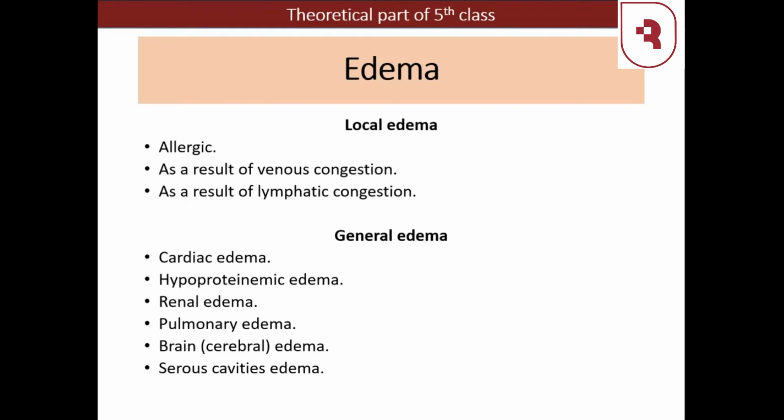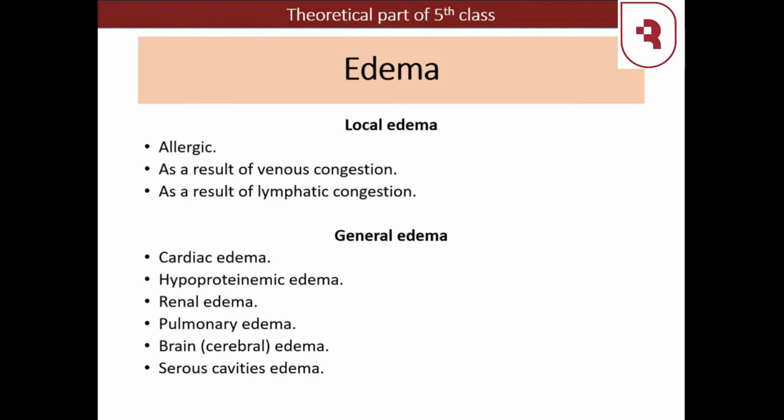Sometimes we will see heart insufficiency, and we have already discussed it when we talked about venous hyperemia. Hypoproteinic edema is associated with problems with nutrition and decrease of oncotic pressure in the blood. Renal edema is associated with renal insufficiency. Pulmonary edema is edema localized in the lungs.